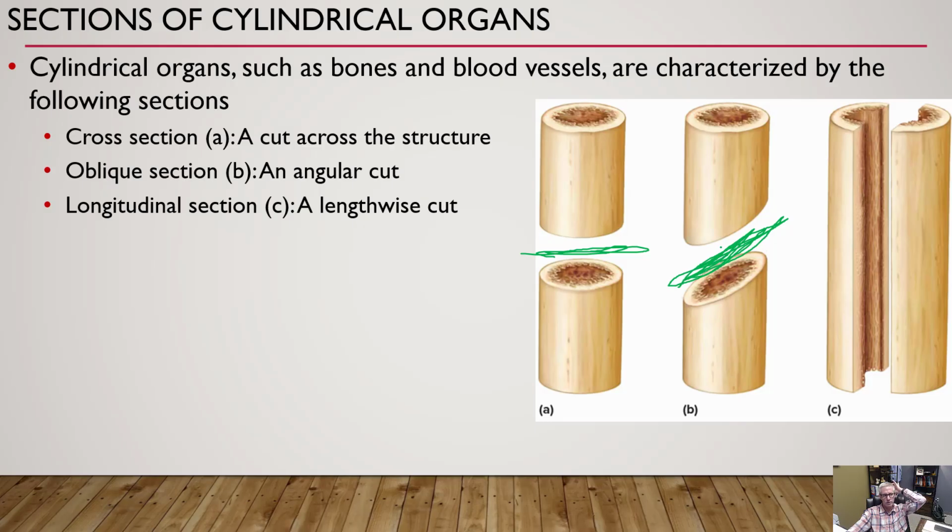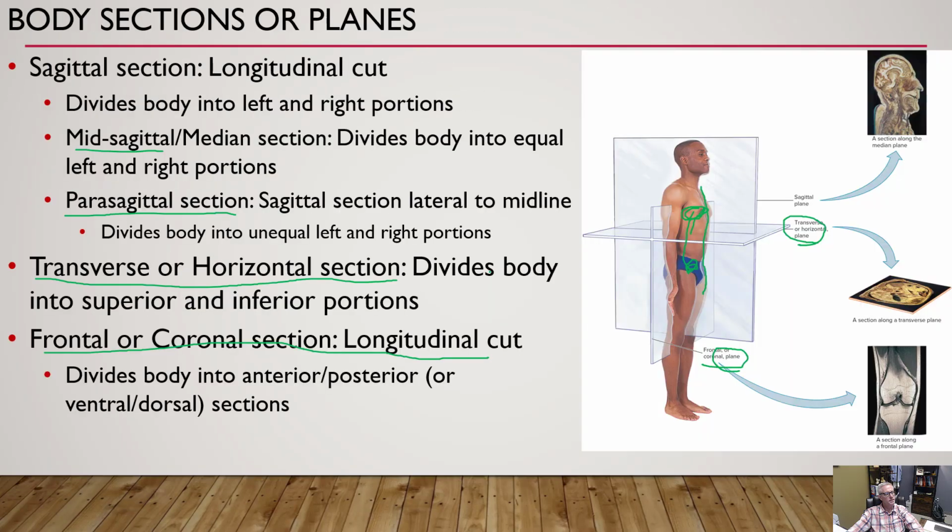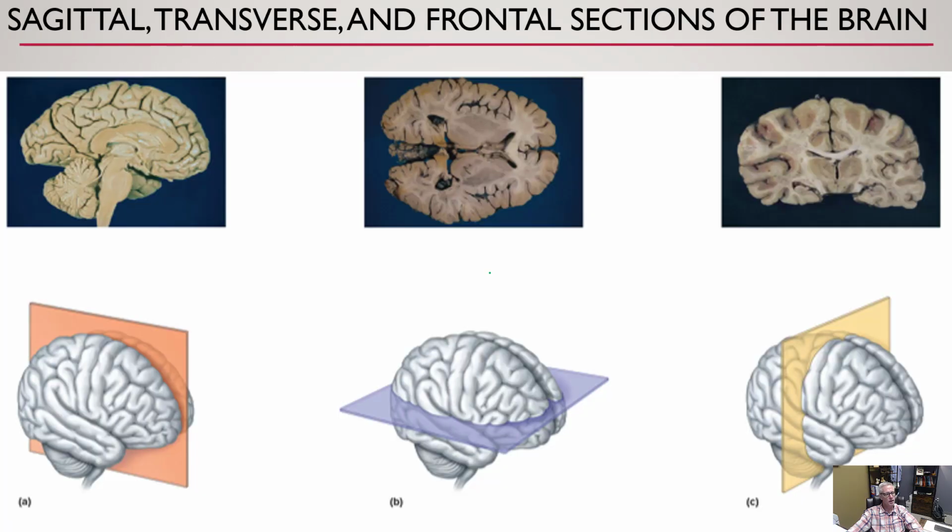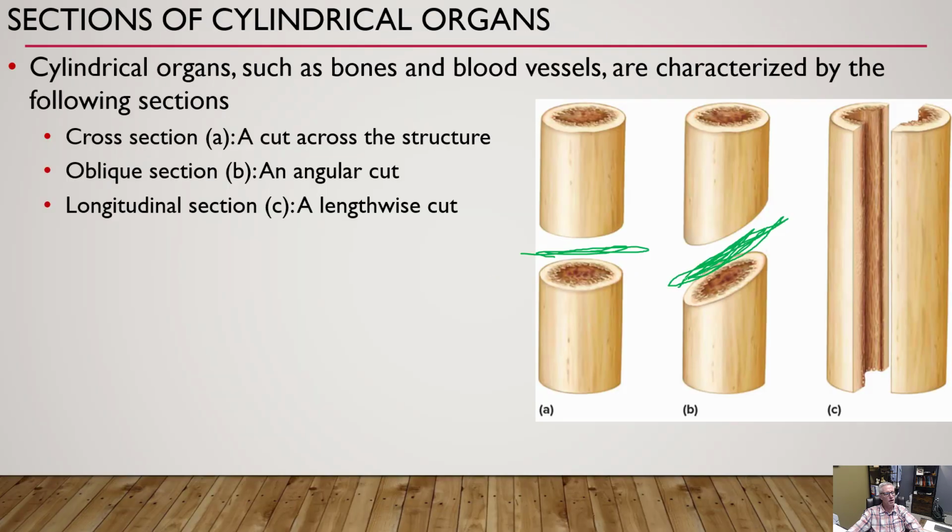That's just one thing that was not mentioned on this slide. Typically, we don't do an oblique section when we're doing imaging, like an X-ray or an MRI, but we might do an oblique cut if we're cutting a bone. But we still have our longitudinal and our cross section here.